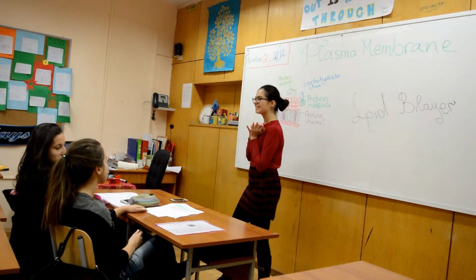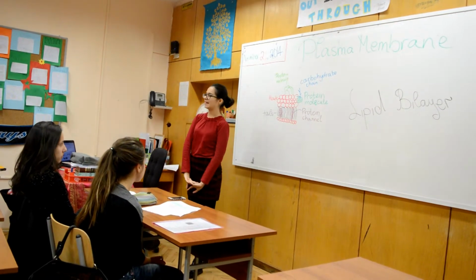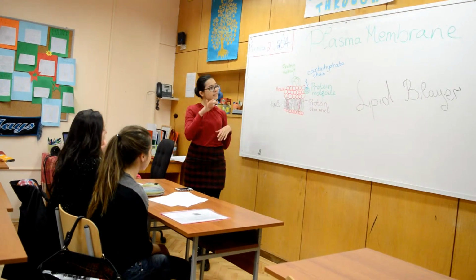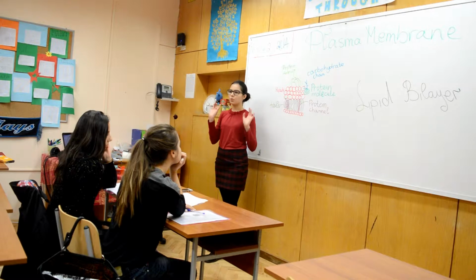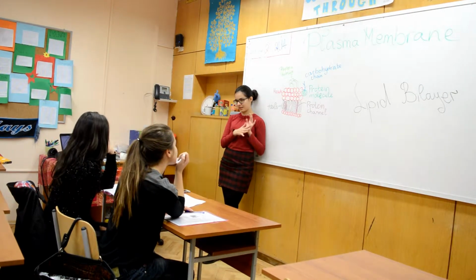Okay, excellent, thank you. So now it's your turn to speak. I want you to think. We said that the plasma membrane is semi-permeable. So, which molecules will be able to enter it according to you?